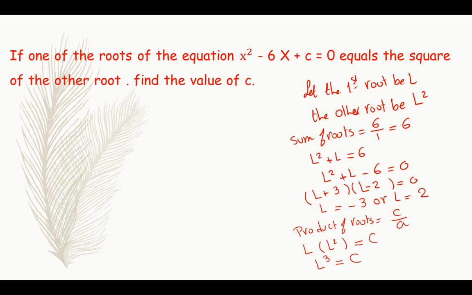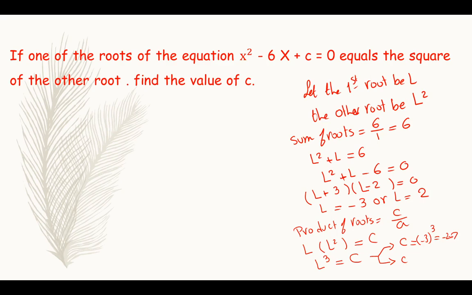Here we have two values of L. Either L equals negative 3 or L equals 2. So by substitution, C will also have two values. If L equals negative 3, C will be equal to negative 3 power of 3, which is negative 27.